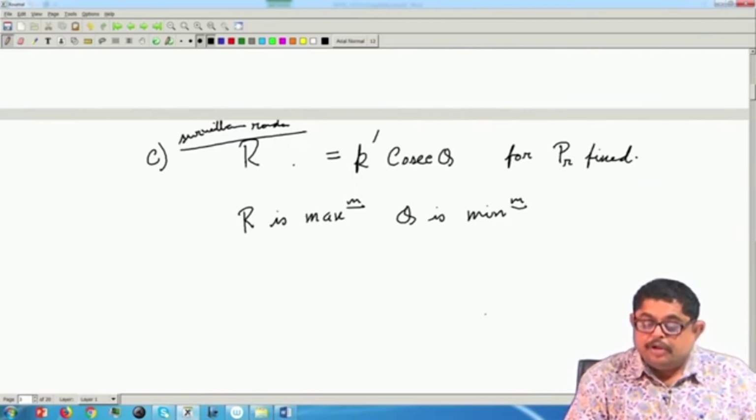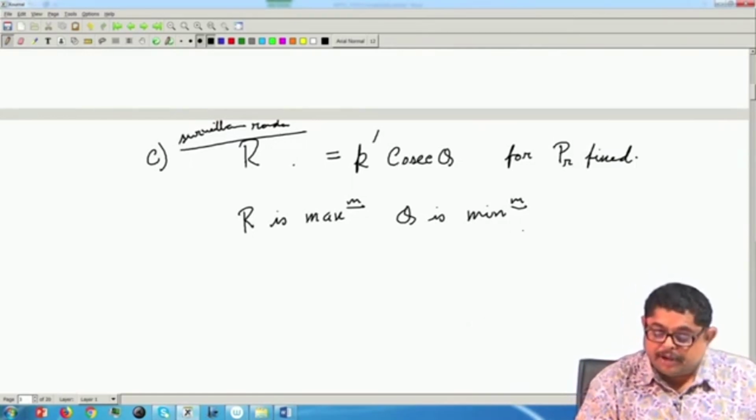Now, you see that theta minimum means elevation angle minimum.